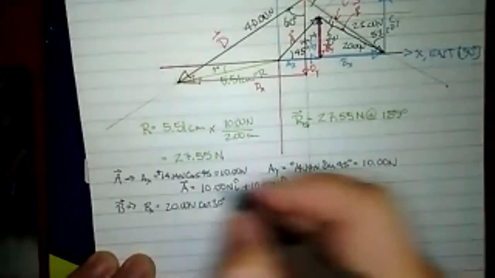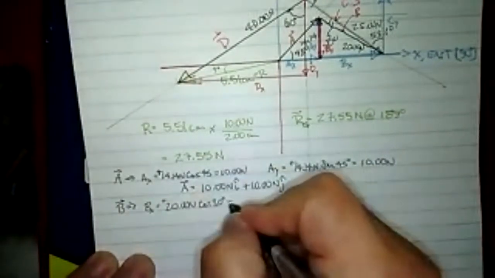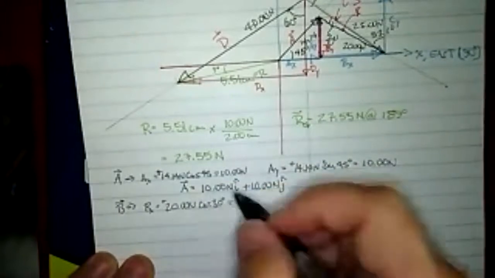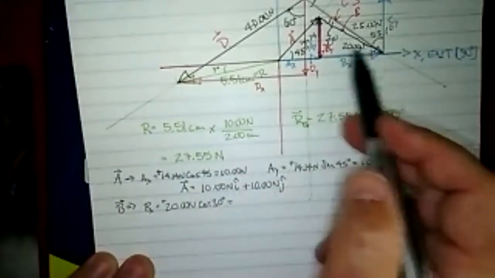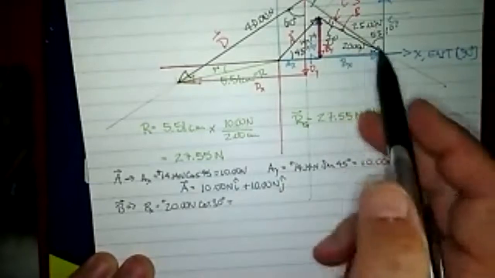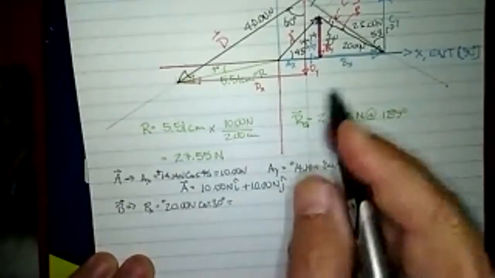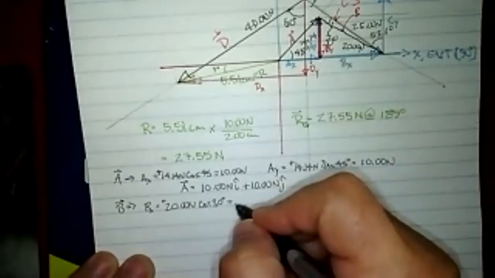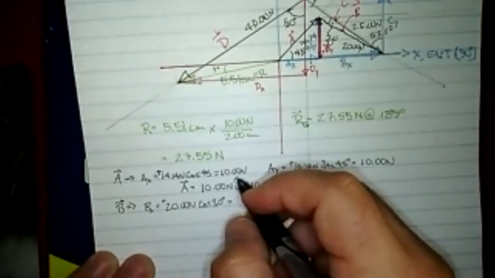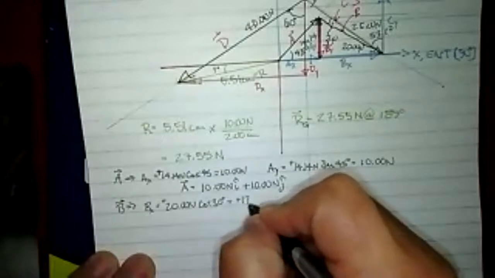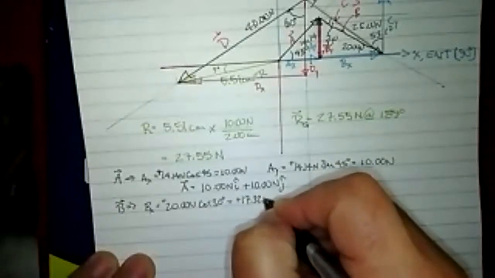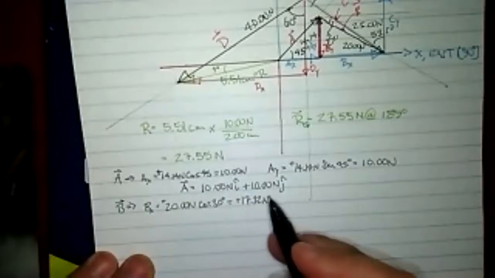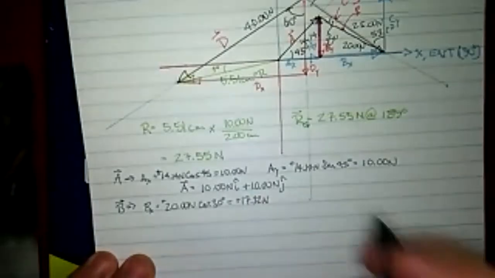And again, that is actually a positive direction, so I'm forcing that. And that tells me, of course, the special triangle, this being 20 newtons is actually 10 times 2, which was normally the 30-60 triangle. So this should be 10 times the one that's adjacent to the 30-degree angle. So that should give me positive 17.32 newtons. And that's basically 10 times the square root of 3, because square root of 3 is roughly 1.732.